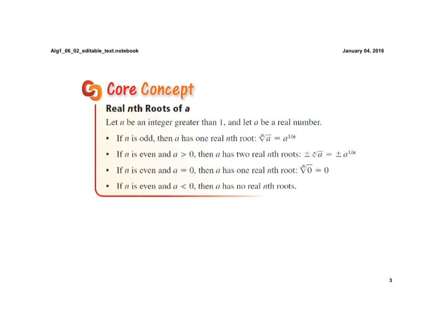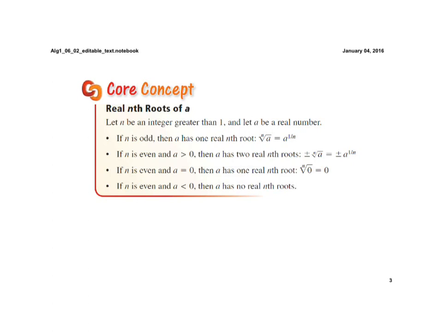So if we look at the core concept, real nth roots of a, let n be an integer greater than 1, and let a be a real number. So again, the n, or the index, is going to be a whole number greater than 1. So it's going to be 2, 3, 4, 5, 6, and so on.